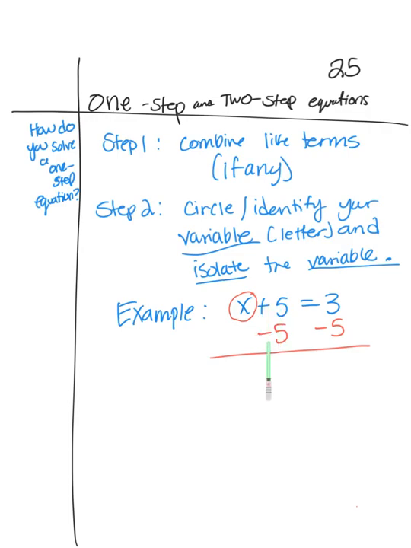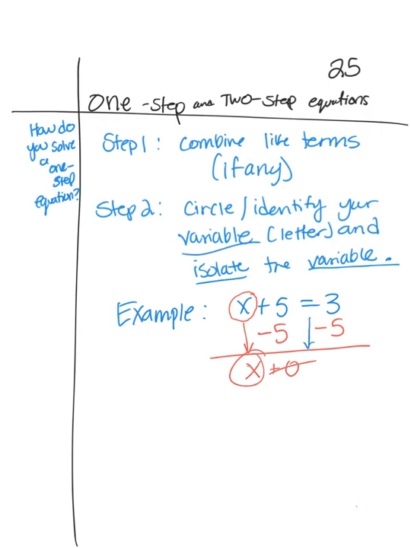Positive 5 minus 5 is going to get you 0. So now you have x, and then you have 0. So you can either write plus 0 or minus 0. It doesn't matter. The point of the story is you don't even need to write plus 0 or minus 0. You now have x by itself on this side of the equation.